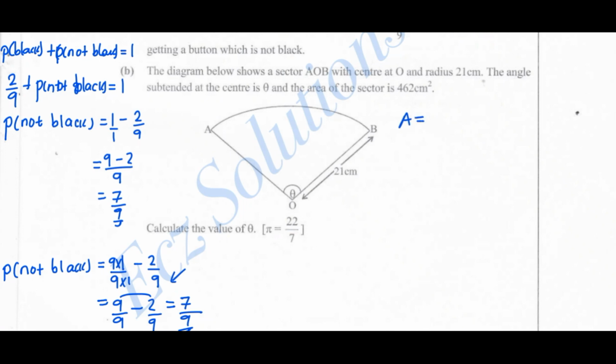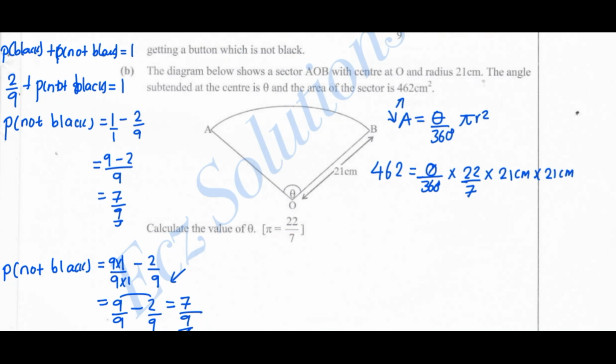Area is equal to theta over 360 times pi r squared. Where there is A, we put the area given, which is 462. Theta is what we are solving for, over 360, times pi, which is 22/7, times our radius of 21 centimeters multiplied by another 21 centimeters.